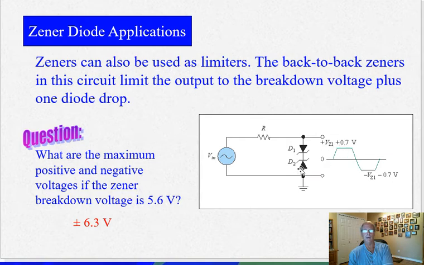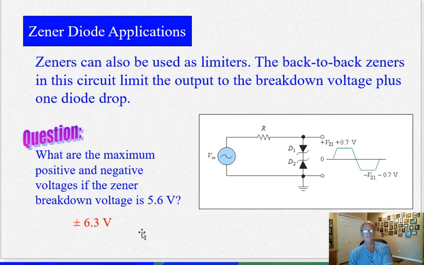So one diode is forward biased, the other diode is back biased, okay? The Zener diode that's reverse biased is limiting to its Zener voltage. The diode that is forward biased is 0.7 volts drop. So it's VZ plus 0.7 and VZ minus 0.7, depending on which side of the cycle you're on, okay?